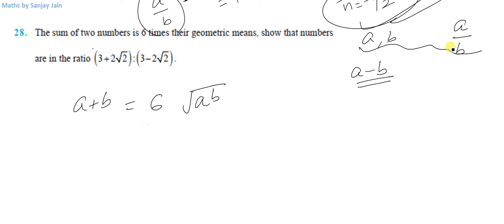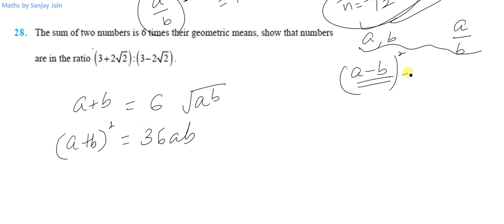I'll tell you how. There is a very simple method of doing that. So if I know a plus b is equal to this, so what will be a plus b whole squared? It will be equal to 36ab. And what is a minus b whole squared? It is nothing but a squared plus b squared minus 2ab. So you can write it as a squared plus b squared plus 2ab minus 4ab, right?